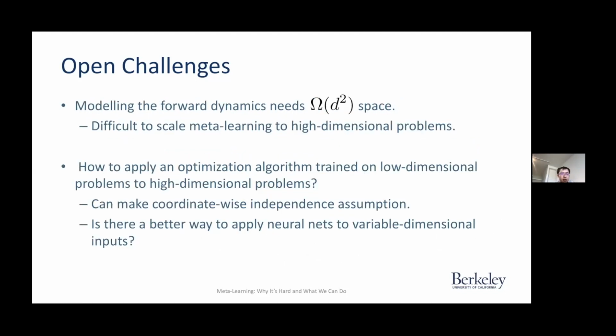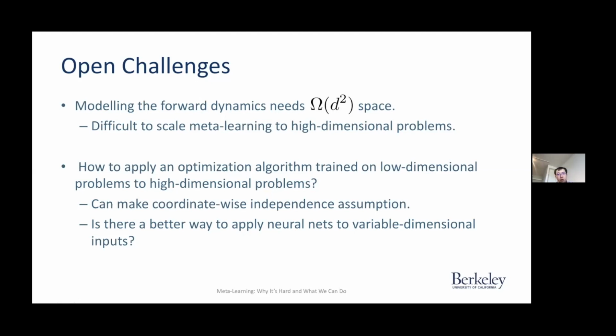The second problem is that modeling the forward dynamics needs at least quadratic space in the dimensionality. That's just because, again, you're trying to predict what the next gradient is going to be, which depends on what the current gradient is and what the current update is. And so you just have to have quadratic space.